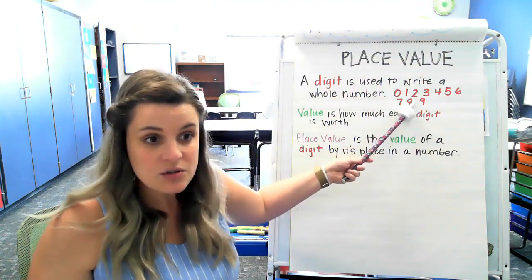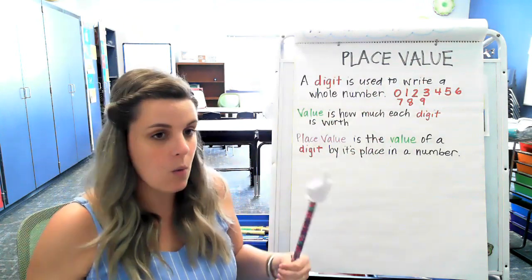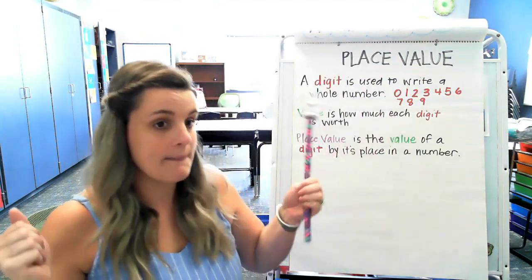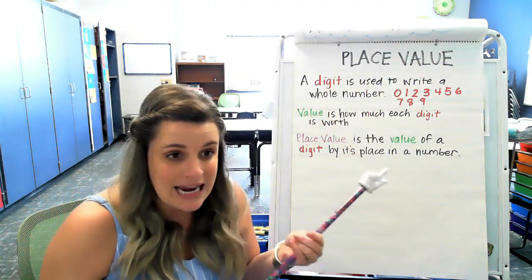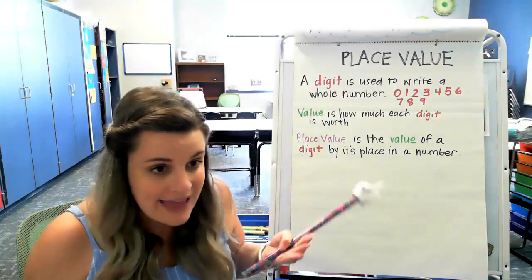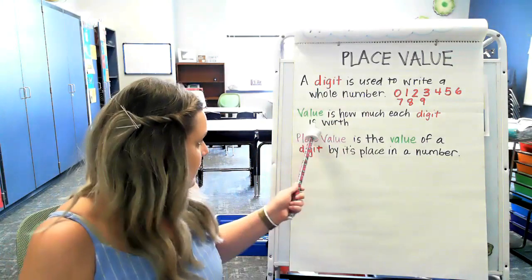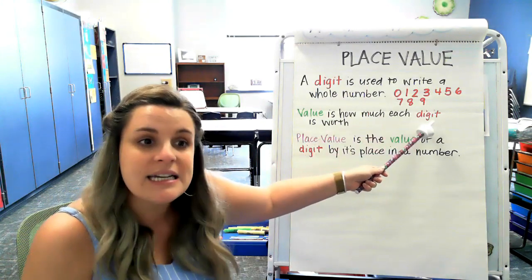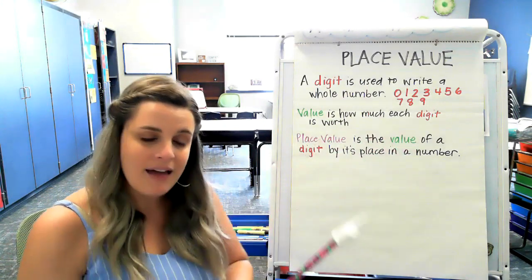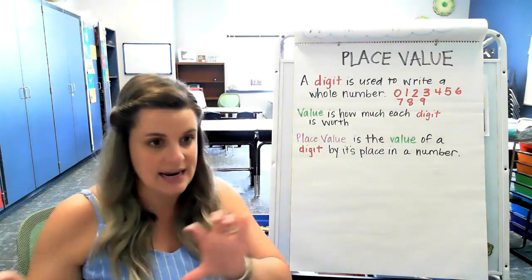But if that 2 is in a different place in the number, it might be worth 2 ones, it might be worth 20, it might be worth 200, it might be worth 2,000, it might be worth 200,000, 2 million, who really knows? So that's why it's important to know that the value is how much that digit is worth. And so place value is actually the value of a digit by its location in the number.